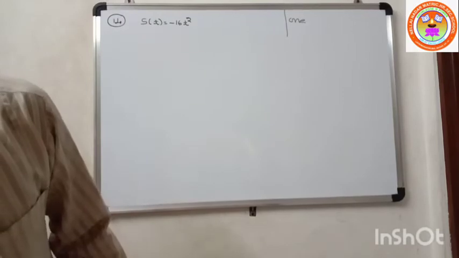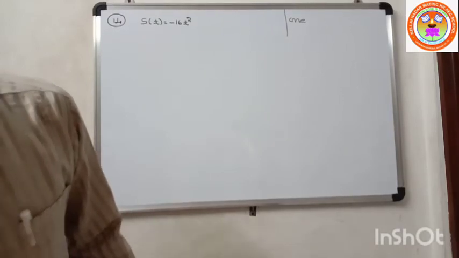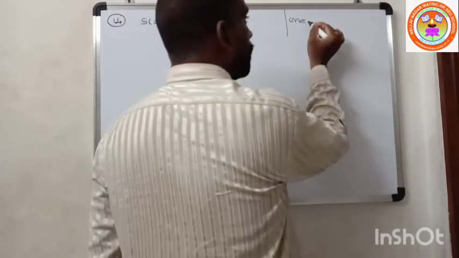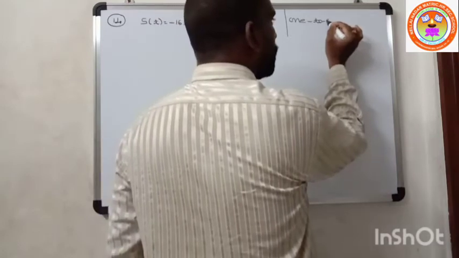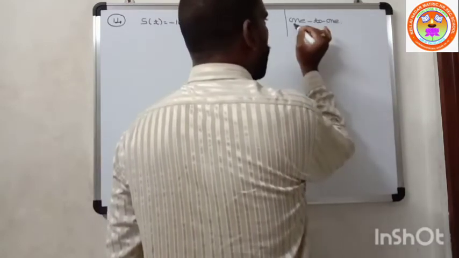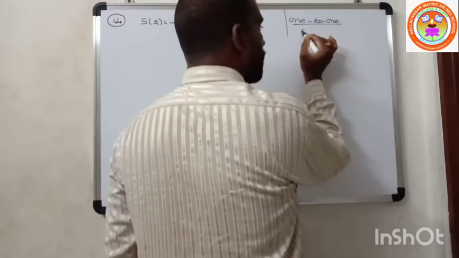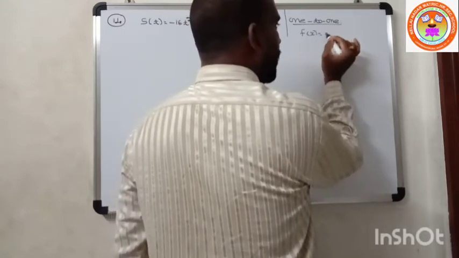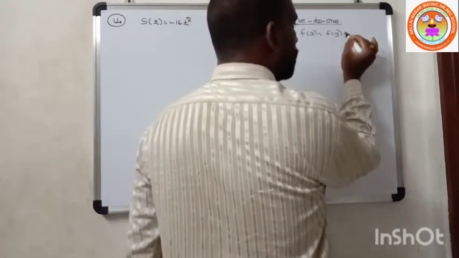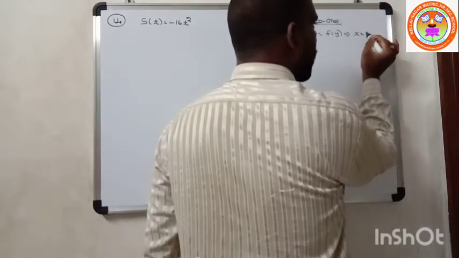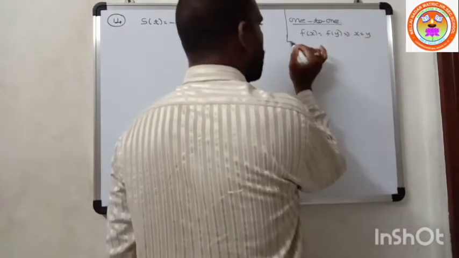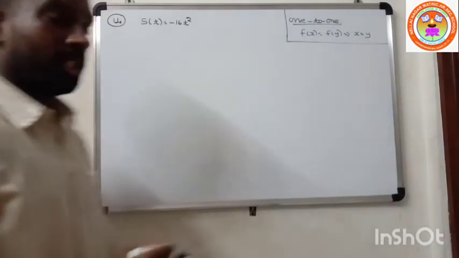So to prove it is a one to one function, the definition: f of x equal to f of y, so this implies x equal to y. Then it is a one to one function.